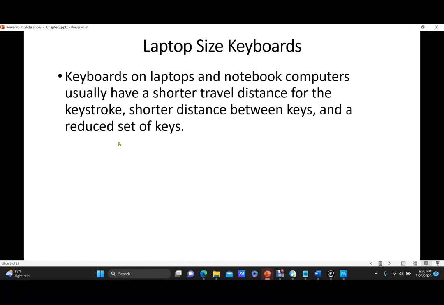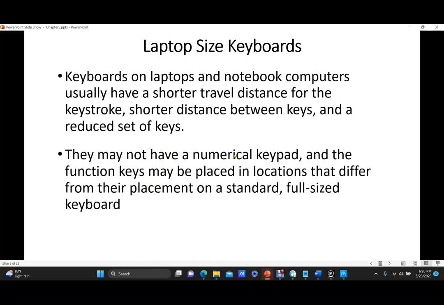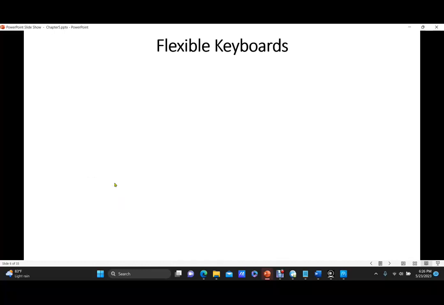They don't have all the keys that a full-size computer would have. Many of them don't have a numerical keypad. The function keys will be in different locations than they will be on the standard full-size keyboard.